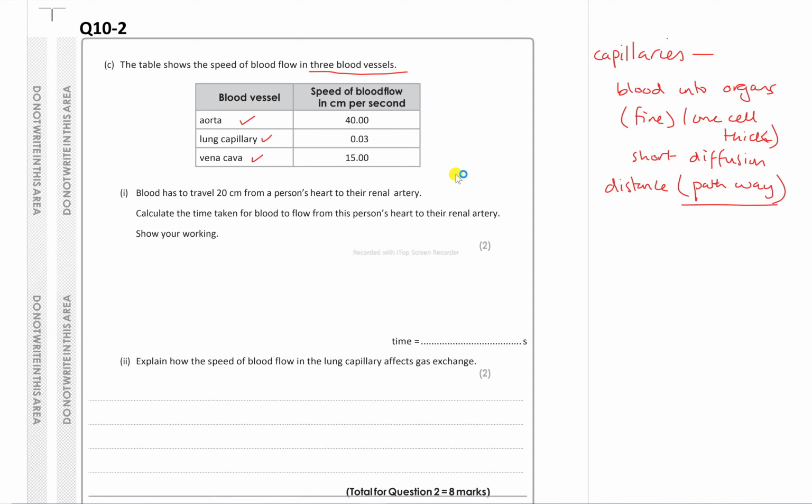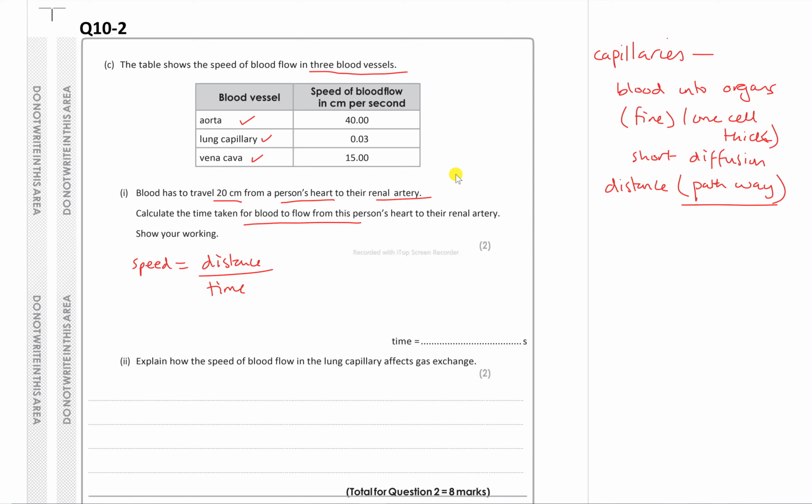Right. Blood has to travel 20 centimeters from a person's heart to the renal artery. Calculate the time taken for the blood to flow. So speed equals distance divided by time.